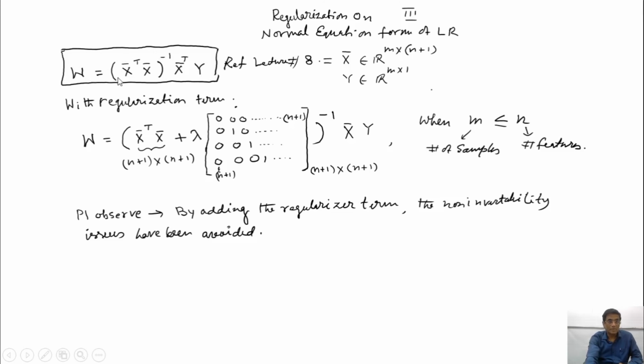This is in matrix form, where this x, the feature vector, has a dimension n plus 1 cross n plus 1, and then you need to invert that, and then x bar transpose times the label vector. So directly we are getting W.